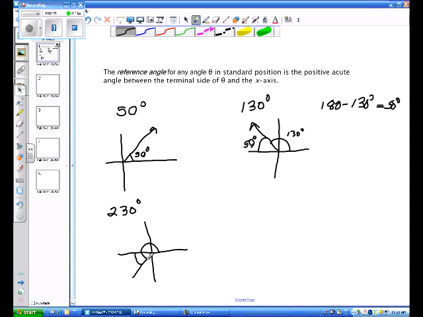Notice that all of this 180 degrees is outside our reference angle. It's our theta, it's our angle, but our reference angle would be that whole distance of 230 degrees minus the 180 degrees. So we have a reference angle of 50 degrees.